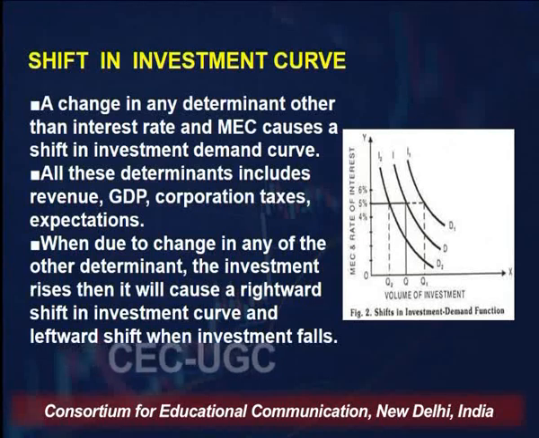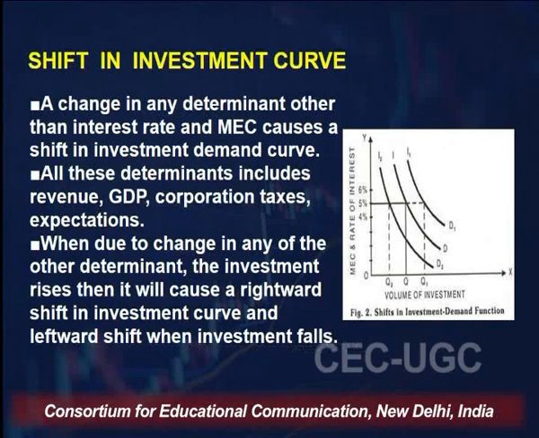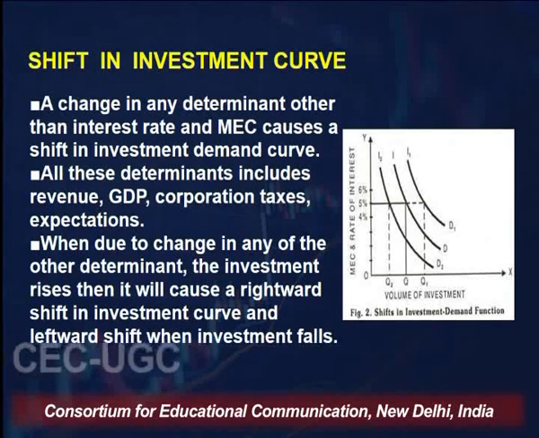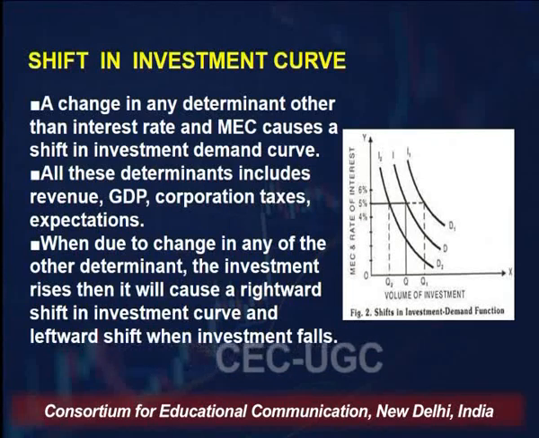Because if we take rate of interest on the y-axis and investment on the x-axis, then a change in the rate of interest will cause a movement along the same investment curve, not a shift. But if there is a change in any other factor, like expansion of the market, an increase in population growth, an increase in the level of income of the people, or a change in government policy, whatever the factor is, other than the rate of interest, then there will be a shift in the investment demand curve.